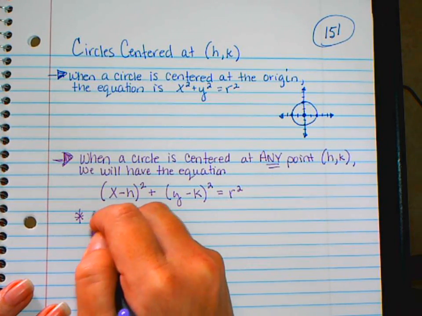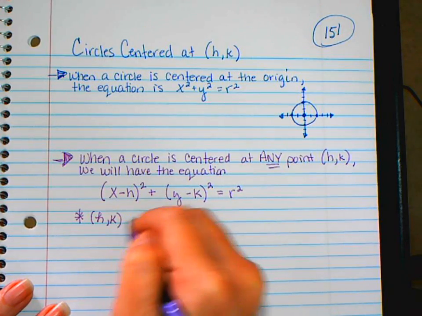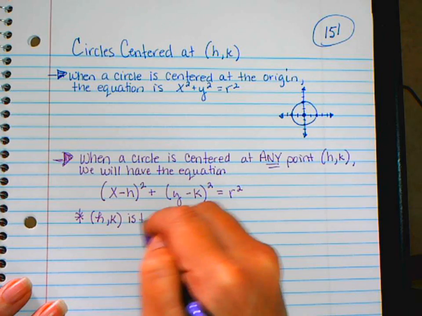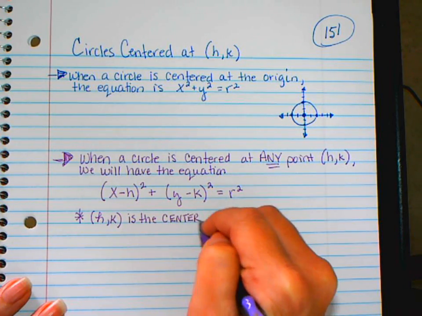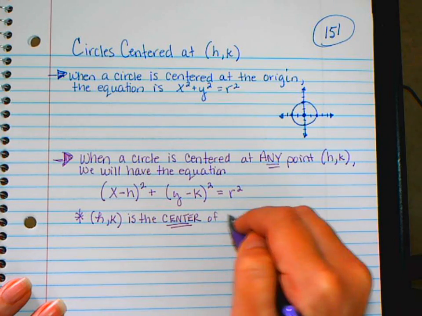And I'm going to make a note that h comma k is the center of the circle.